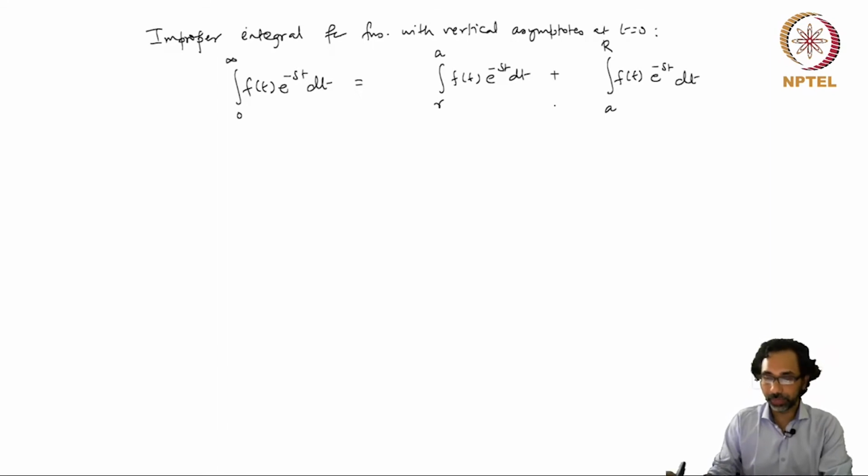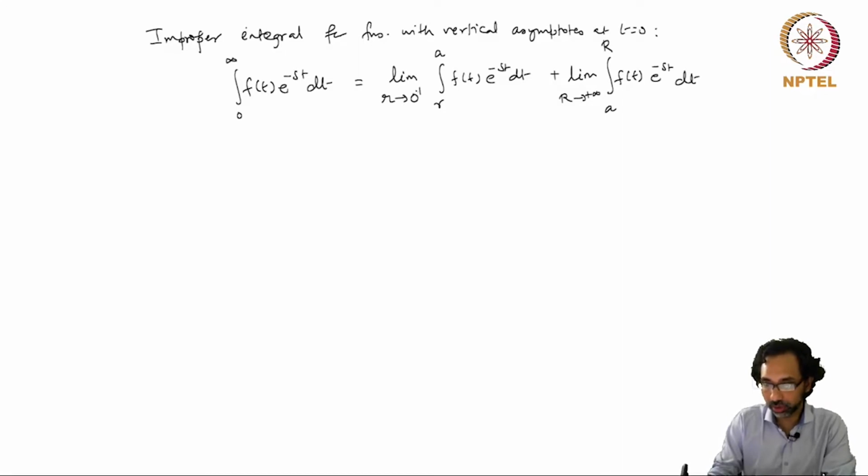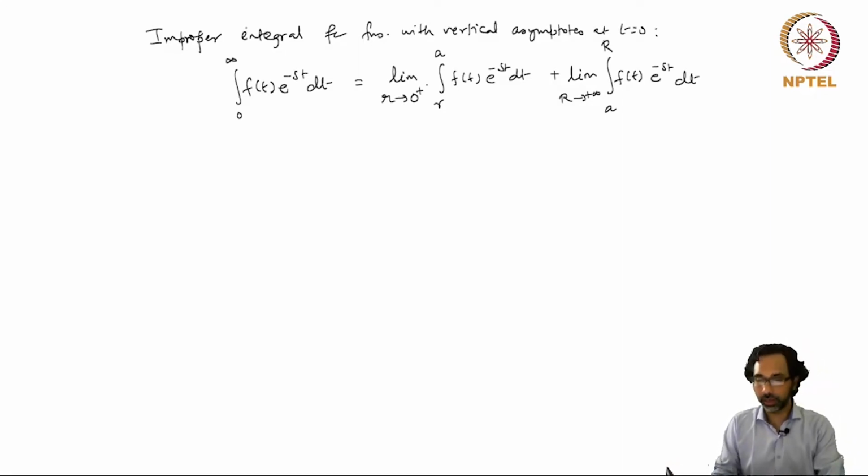Now note that we still have to take limits. The second one will have the limit as capital R goes to plus infinity, and the first one will have the limit as small r goes to 0 from the right hand side.